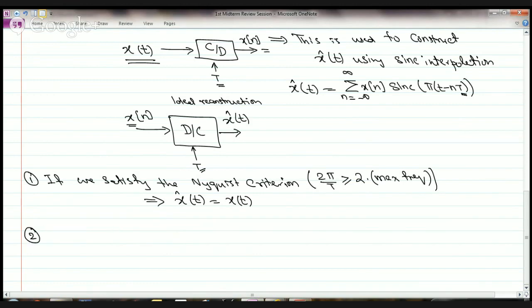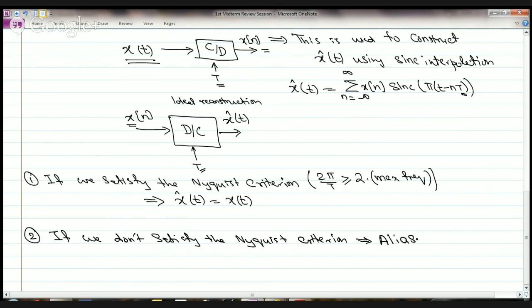Or the second case that can happen is if we don't satisfy the Nyquist criterion, then what happens? We know that the reconstructed signal will have aliasing. And what does aliasing do? It just maps higher frequencies that are above the maximum frequency your system can handle.